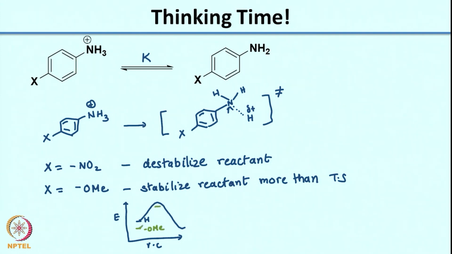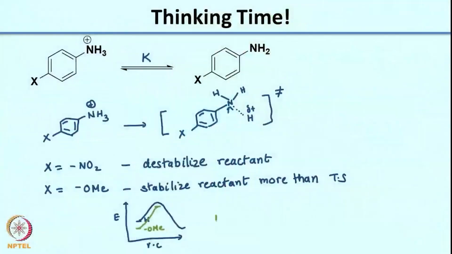So you would end up having a greater activation energy barrier. So for an electron releasing group you will have Kx less than Kh.